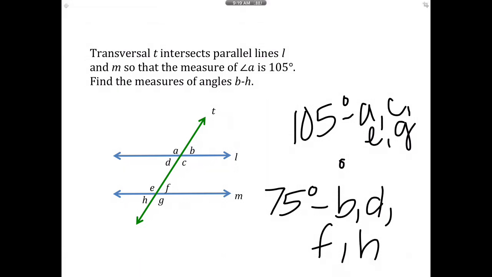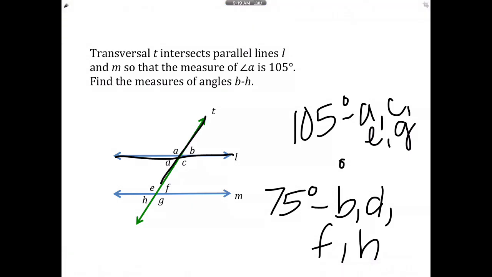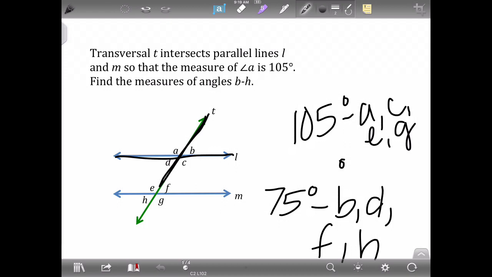Another cool thing is, if you were to turn this transversal to the side, these are straight lines, which are 180 degrees, but you could also look at it where A and D are together, and they are 180 degrees. If you turn it on its side, you can see A and D also equal a straight line, 180 degrees.